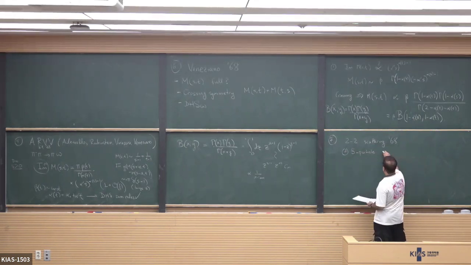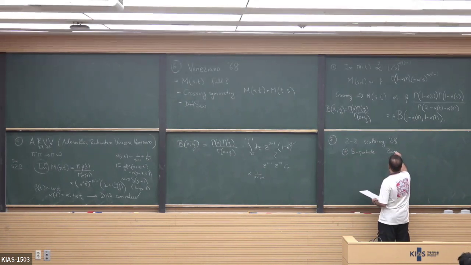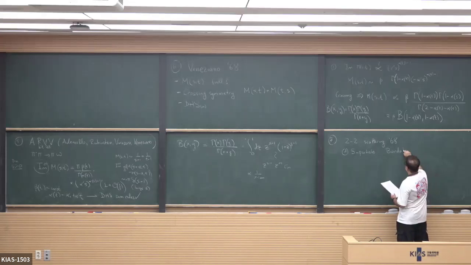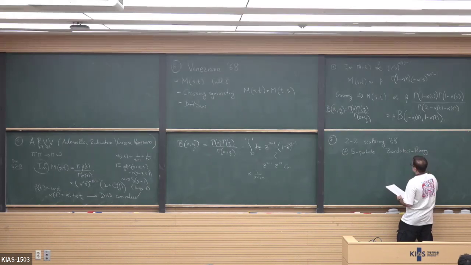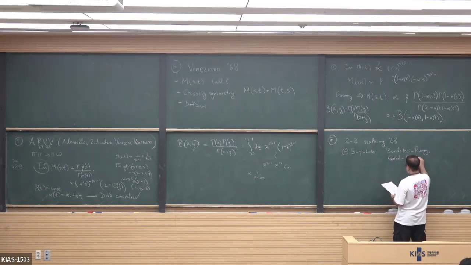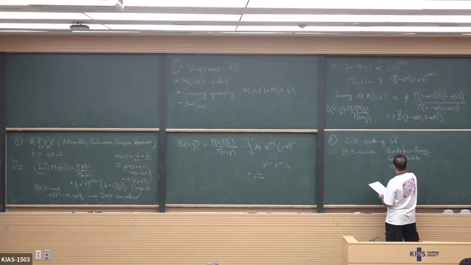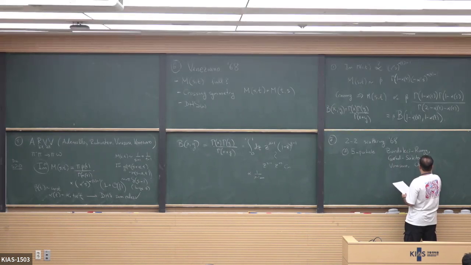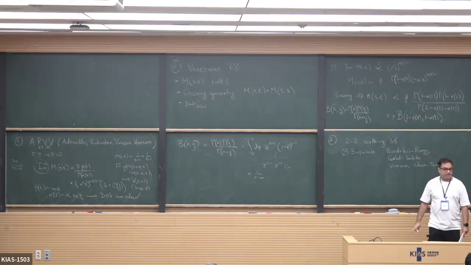This was done by several groups at the same time: Bardakci and Ruegg, then Goebel and Sakita, then Virasoro, and also Chan and Tsou. This Chan is the same as the Chan-Paton factor of open string fame.